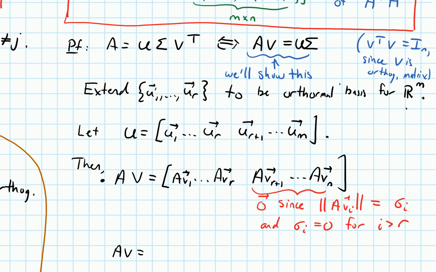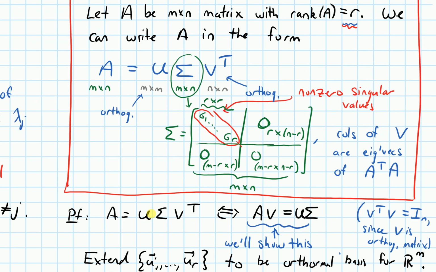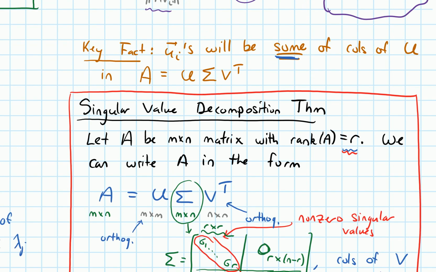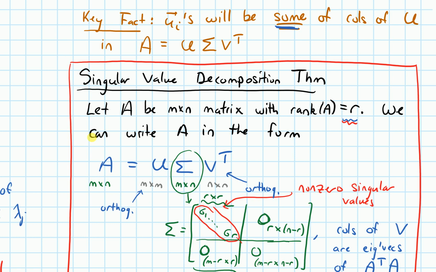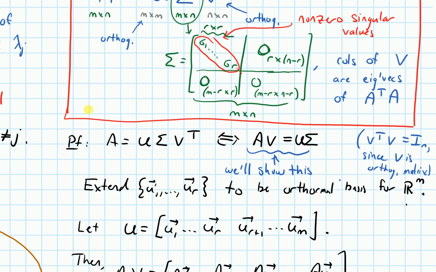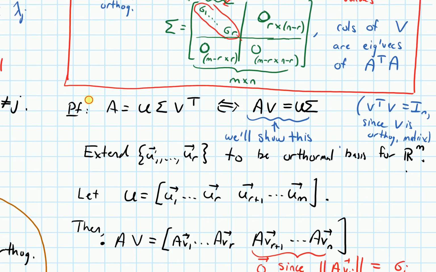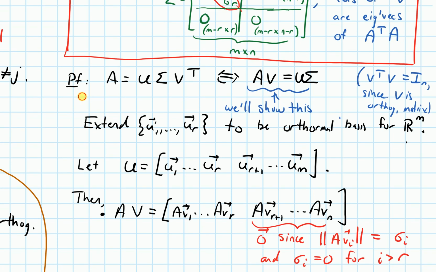So the other key part to this is we can simplify the first few columns as well. Did we say it above? Yeah, I think we did. So the other key fact is I'm going to use this statement right here: A times vi is equal to sigma i times ui. Okay, so that's going to be true here at the front.